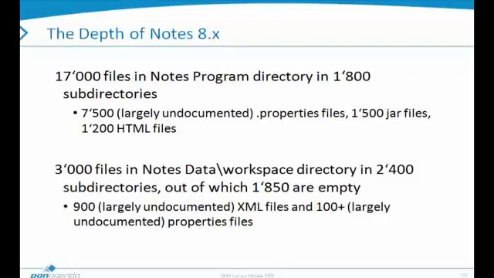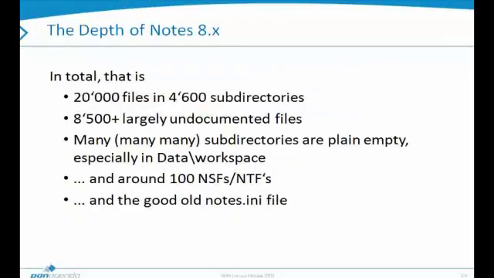So this is a pretty big deal, doing an upgrade on a Notes 8 client. All in all, we're talking about 20,000 files, 4,600 subdirectories, 8,500 largely undocumented preference files, XMLs, tons of empty subdirectories. If you guys have dug into all that good stuff before, you all know about this.